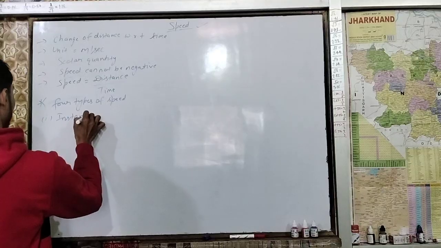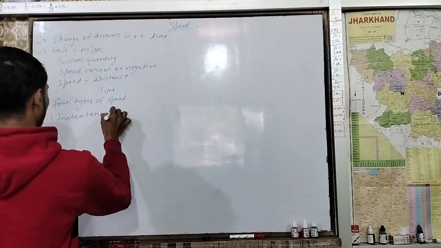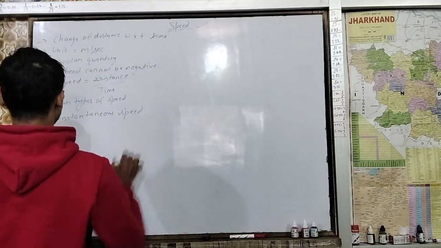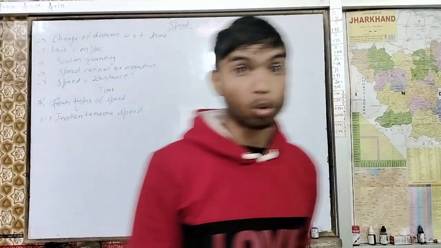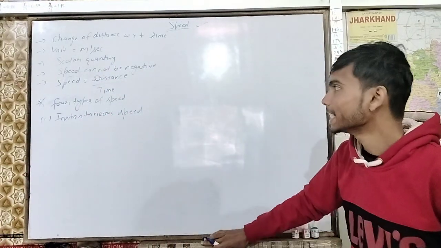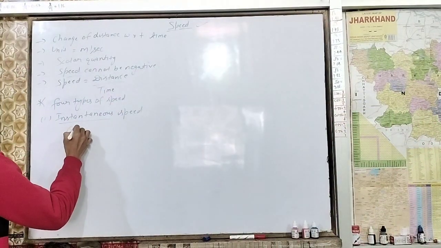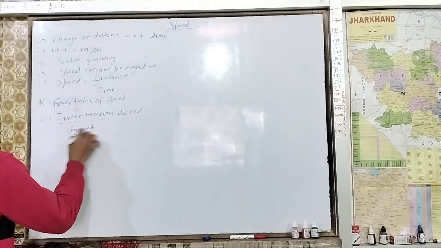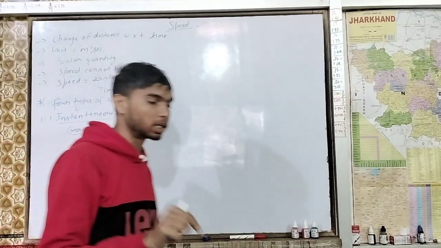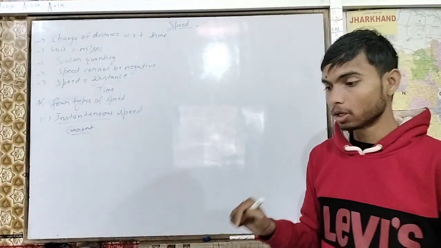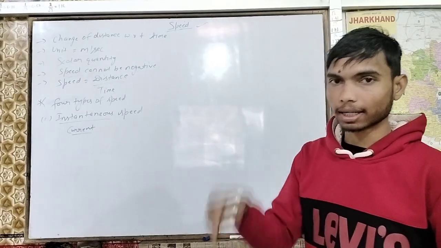Instantaneous speed is not difficult to understand at all. Instantaneous means current, and current means right now. What is the speed of your vehicle right now?